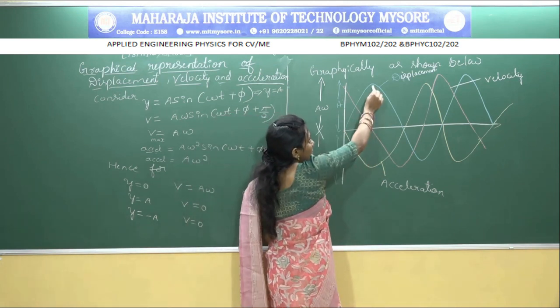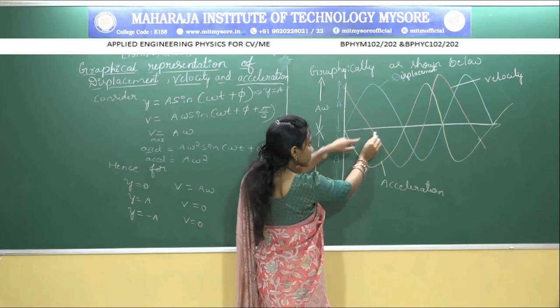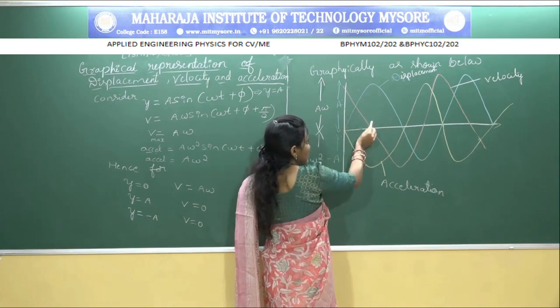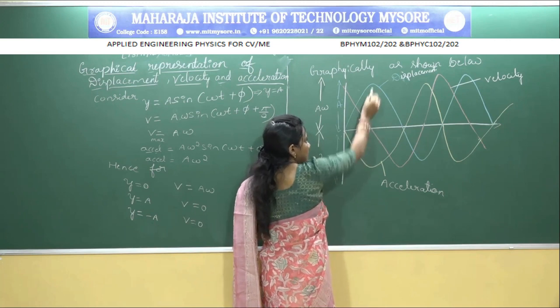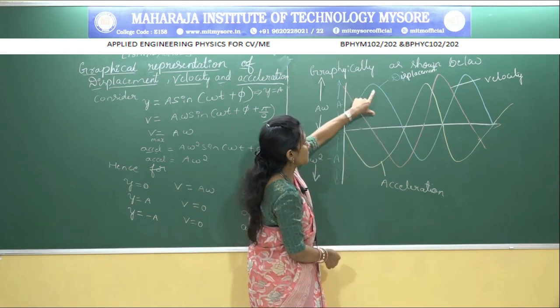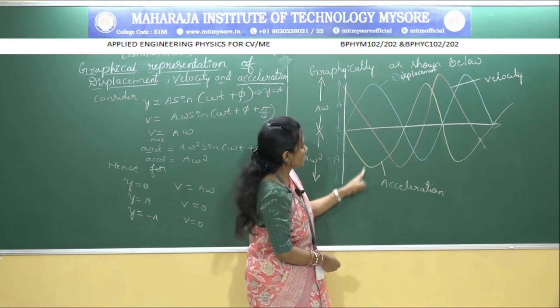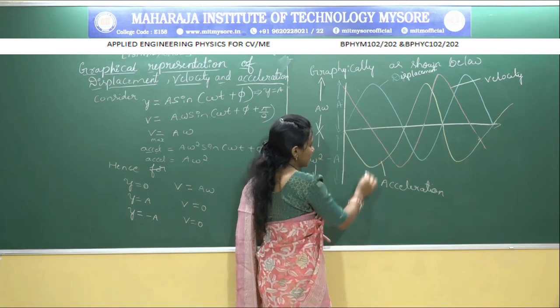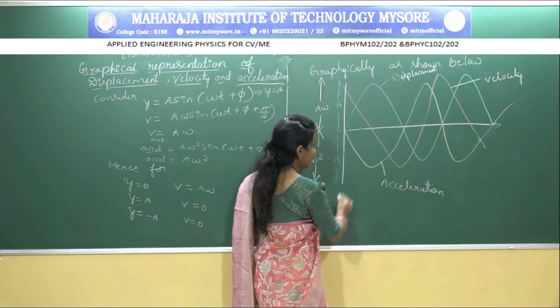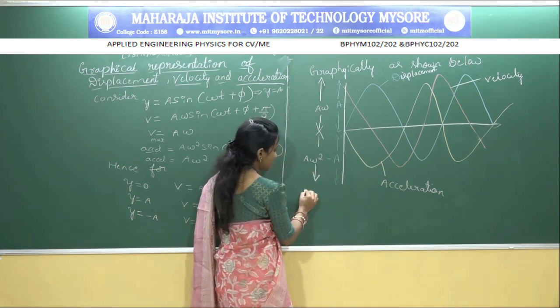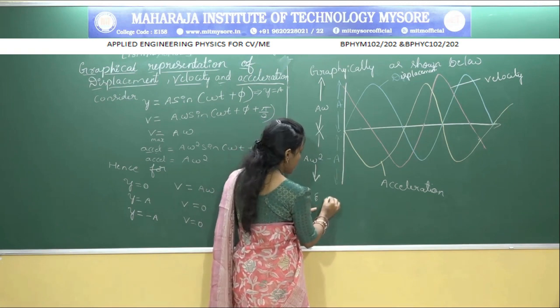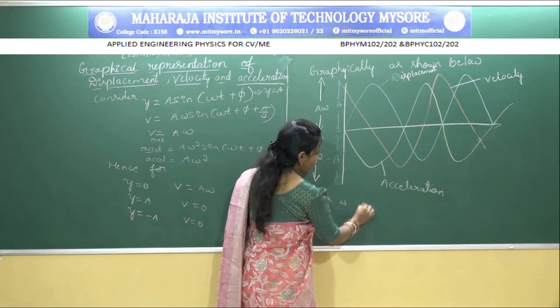If you observe here, the displacement and the velocity have a phase difference of pi by 2, that is, they are in quadrature. The phase difference between the displacement and acceleration is 180 degrees, that is pi.